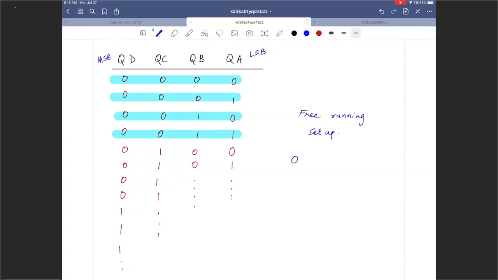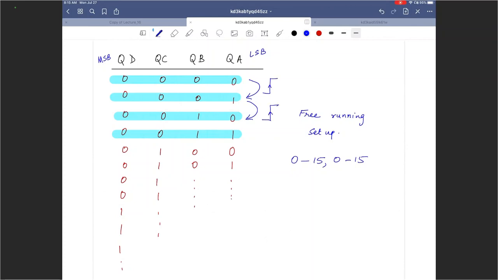So this free running counter, if we do no manipulation to it, is going to count 0 to 15, and it is going to go back to 0 to 15, right? Its counting pattern is 0 to 15, back to 0 to 15, and so on. It'll keep running. But that increment happens when the clock goes up, the positive edge of the clock.